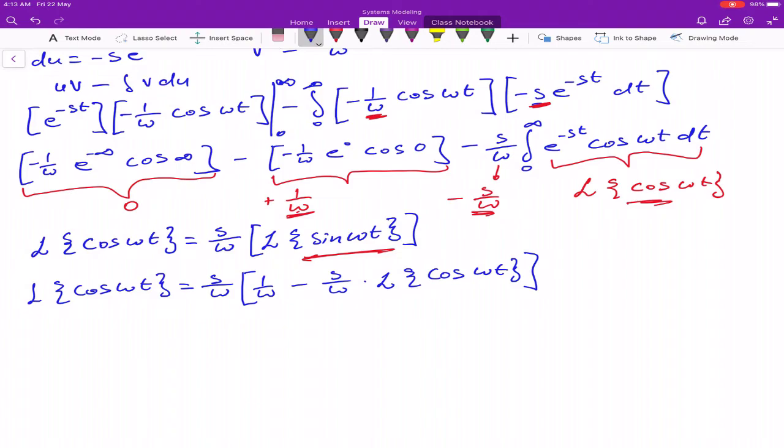Then I'm going to rewrite this properly, just to try and clean it up.